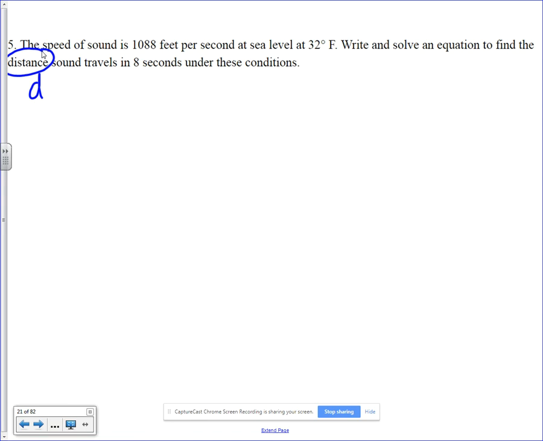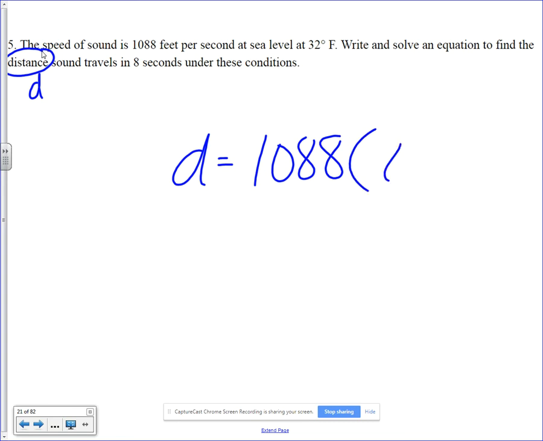How far did I go? 50 miles in 2 hours, you went 100 miles, right? Because you multiplied them. You take your speed and you multiply it by the time. So that's what we're going to do here. The distance is the speed that you're traveling times the time that you're traveling in.